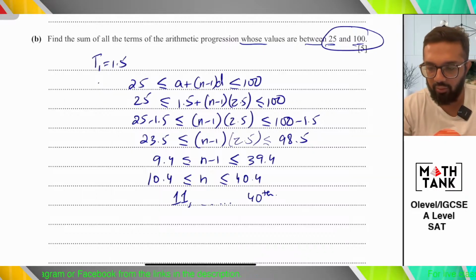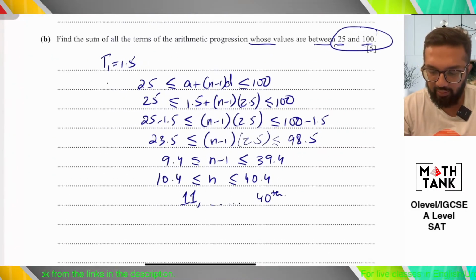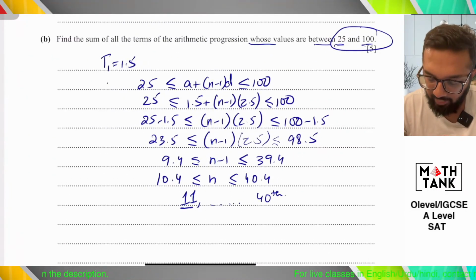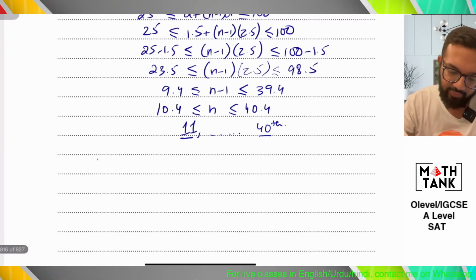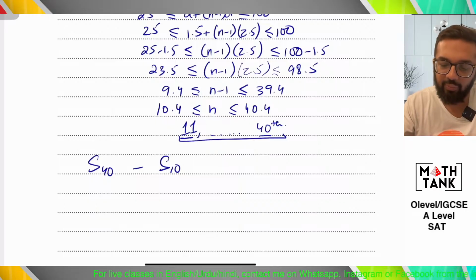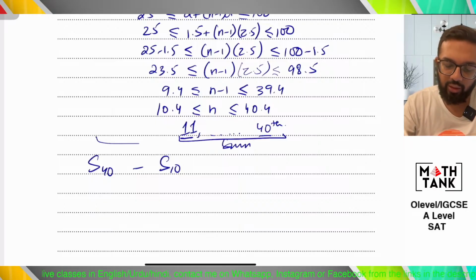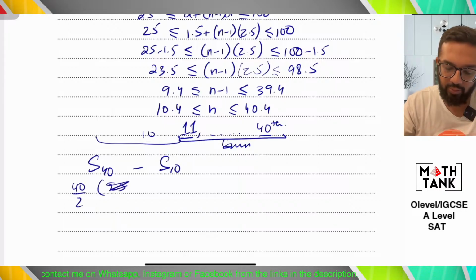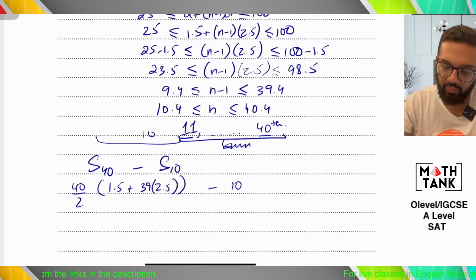Okay, so I want to find the sum of 40 terms and then subtract the sum of 10 terms to find the sum of all of these terms only. Okay, the sum of 40 terms is 40 over 2, 1.5 plus 39 times 2.5.